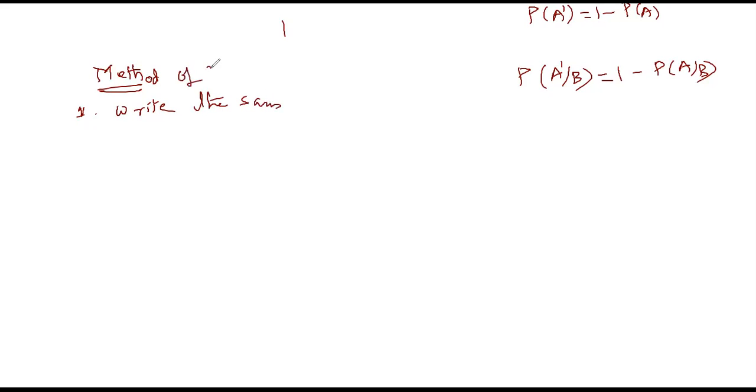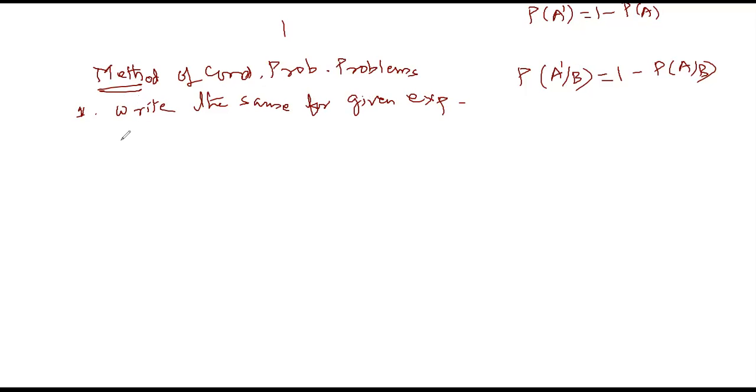Method of conditional probability problems: write the sample space, as I showed you in the beginning how to write it, for the given experiment.